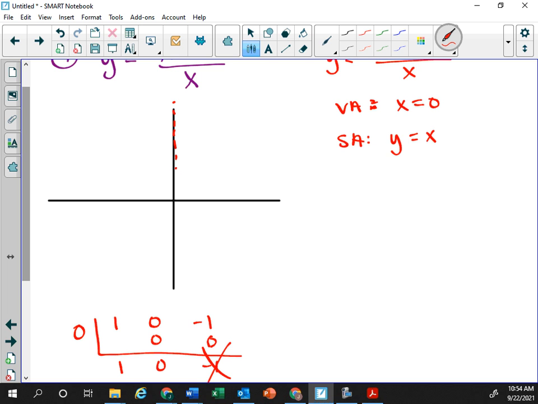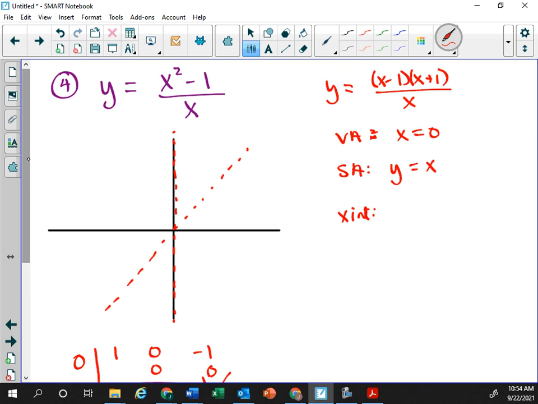So I've got a vertical asymptote here, and then a slant asymptote here. Okay, the x-intercepts, there are 2 of them because there's 2 factors in the numerator. So we end up with (1, 0) and (-1, 0). Do I have a y-intercept?